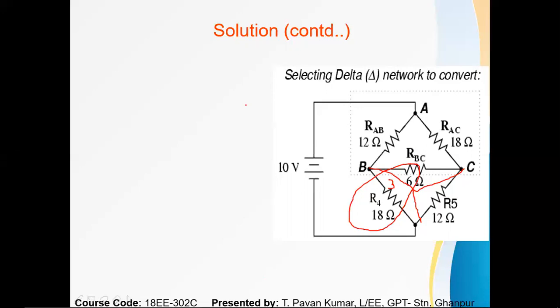Next I am doing this one: 12 into 18 divided by 36. The value will be 6 ohms. Next I am going to do 12 into 6 divided by 36. Then that will be 2. I am going to redraw the circuit like this.